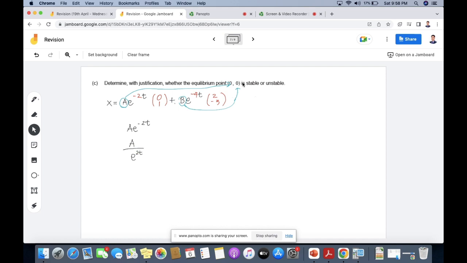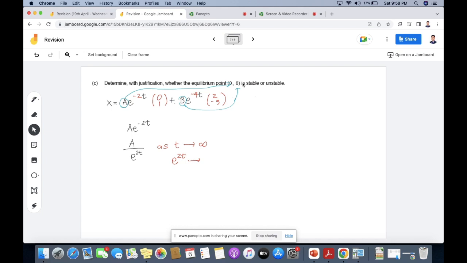Now, let's analyze. As t approaches infinity, what happens to the value of e to the power of 2t?